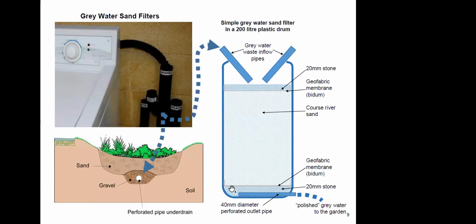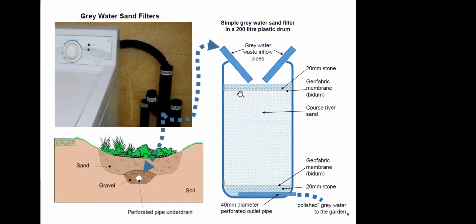So I put 20-millimeter gravel at the bottom. Then I put a layer of what's called bitumen or geofabric membrane. Imagine a nice blanket, literally over the stones. And then I filled all this up with coarse river sand, because I don't want any of the sand to get mixed and mingled within the stones.